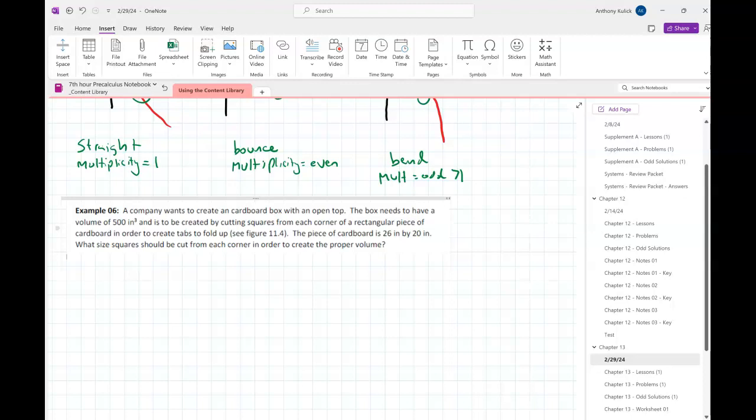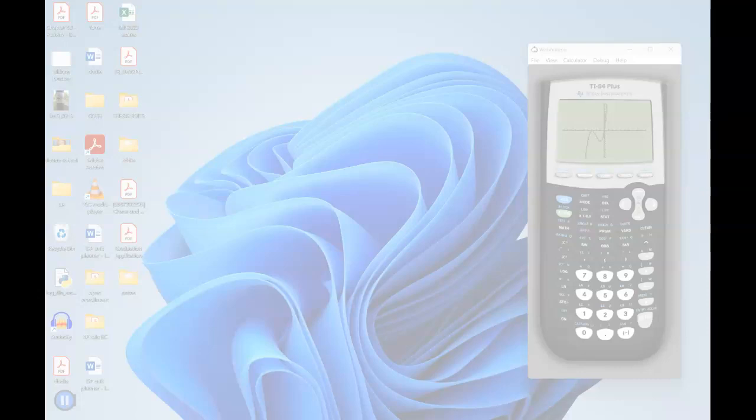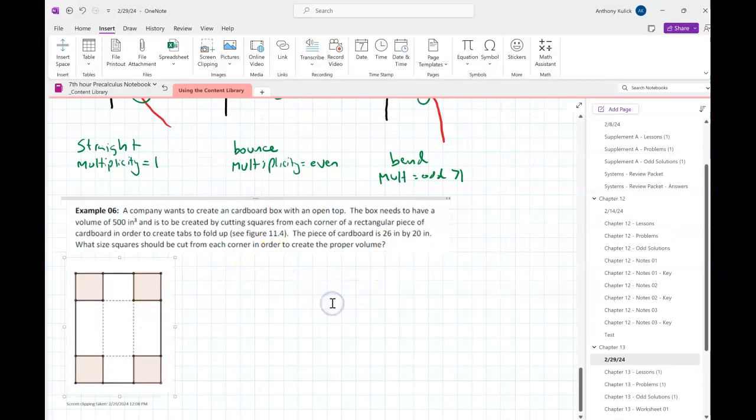The box needs to have a volume of 500 cubic inches and is to be created by cutting squares from the corner of a rectangular piece of cardboard to create tabs in order to fold up. So what we're saying is we have some rectangular piece of cardboard, and the shaded regions are going to be the squares we're going to cut out, and the dashed line is kind of where we're going to crease to fold up the side of the box. Can you guys kind of see that in 3 dimensions? You have to use a little bit of imagination, but it's not too bad.